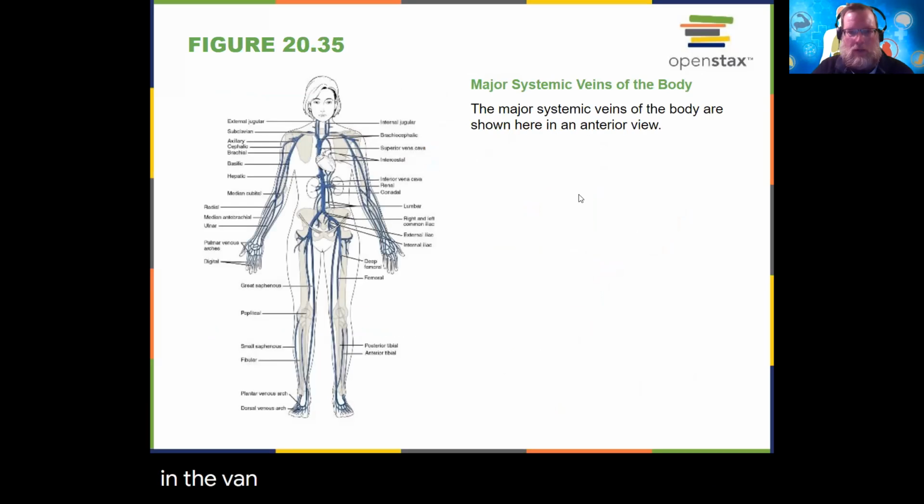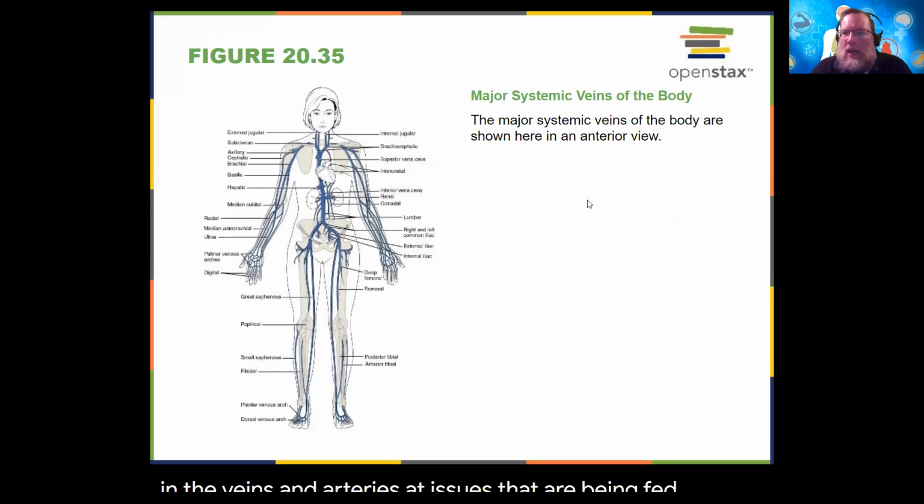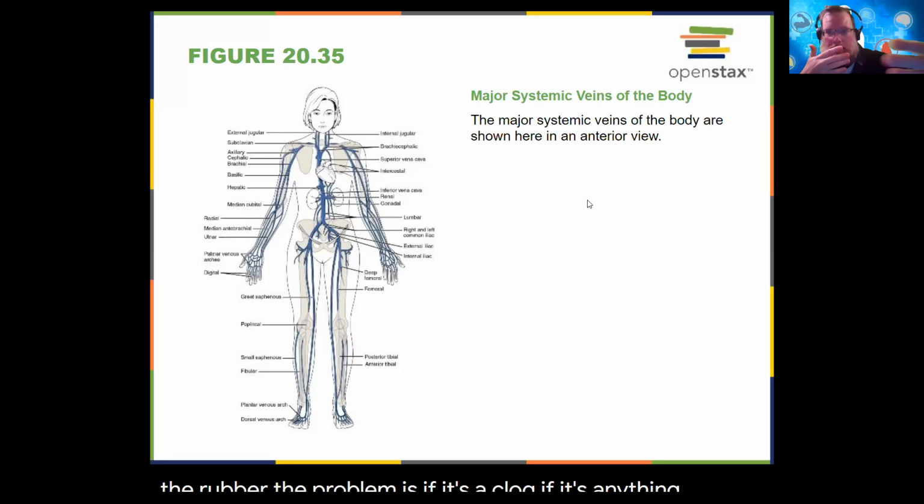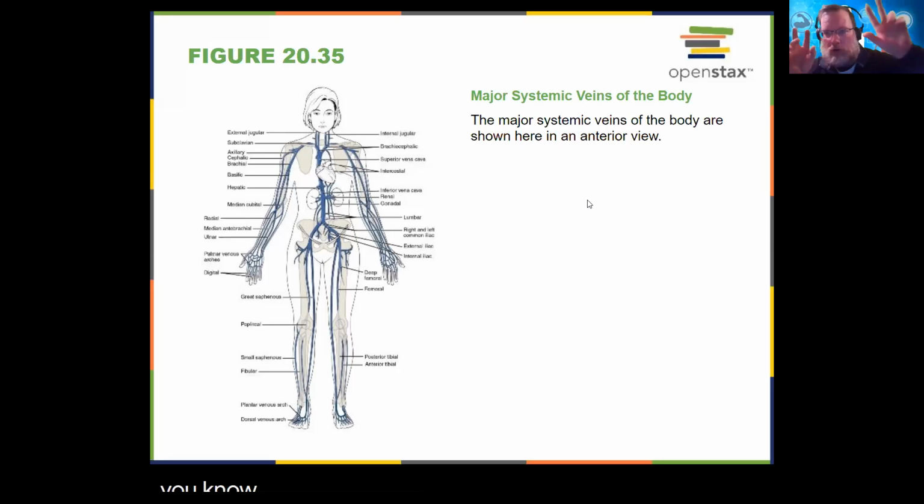It happens to the veins and arteries, the tissues that are being fed. Any distal tissue from wherever the infarct or wherever the problem is, if it's a clog, anything distal, further down the line, we're very concerned with what we call necrosis.